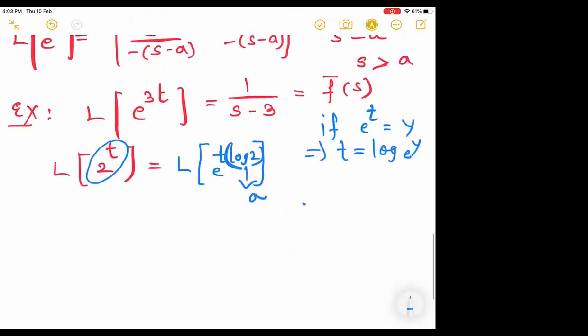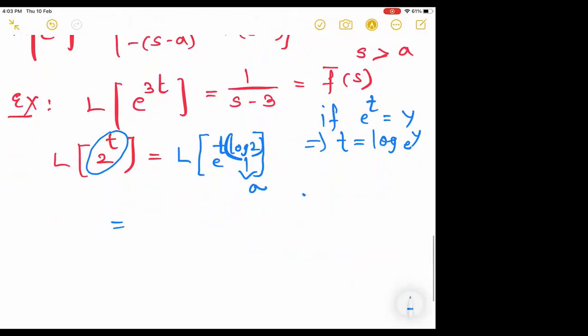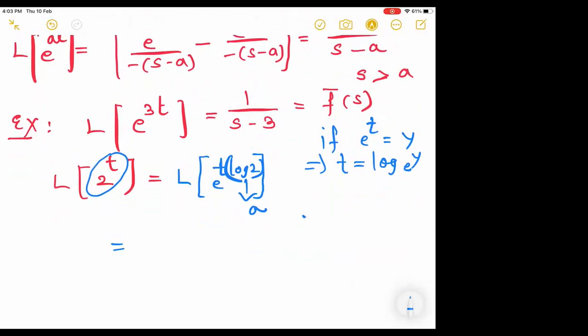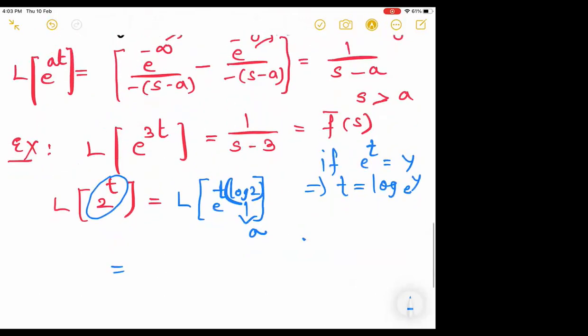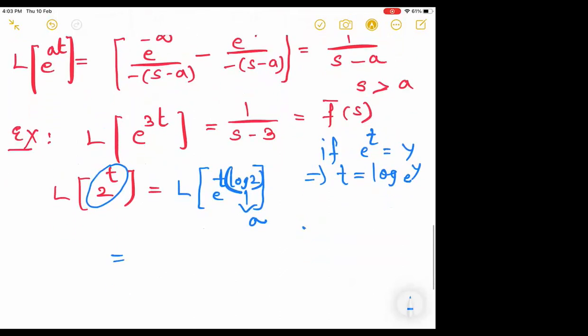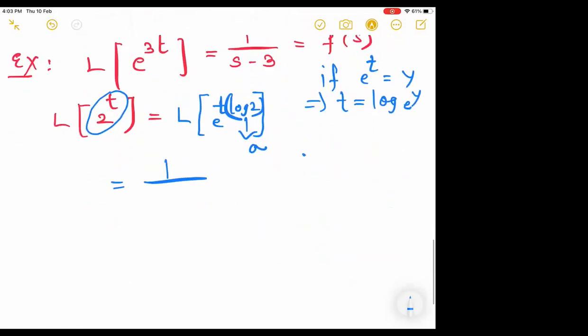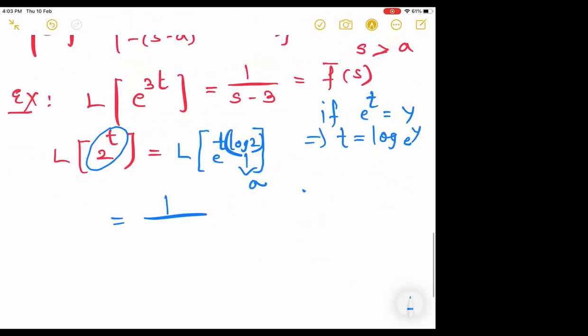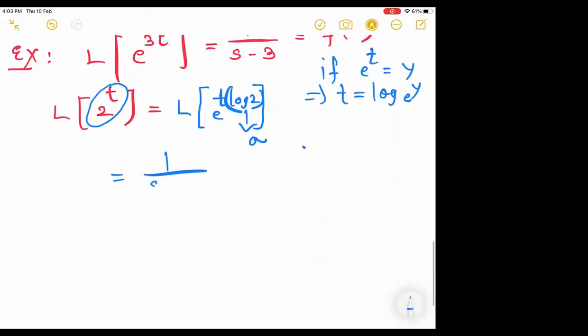So your answer will be, f of s means 1 upon s minus a. So a is log 2. So we'll be getting the Laplace transform of 2 raised to t as 1 upon s minus log 2.